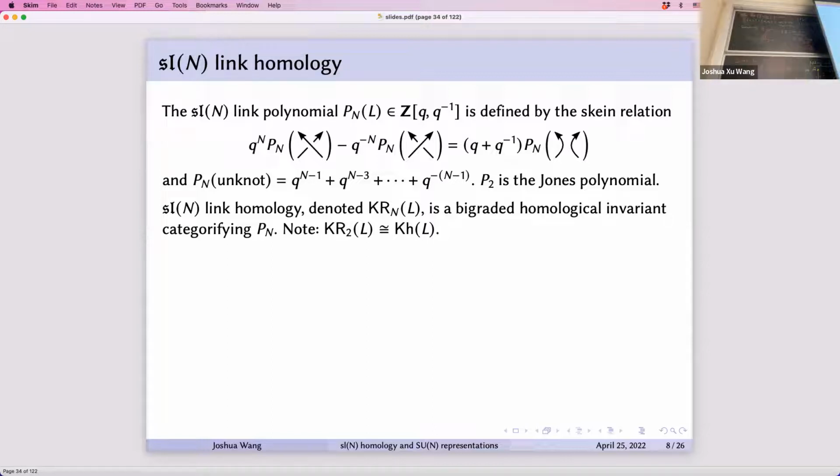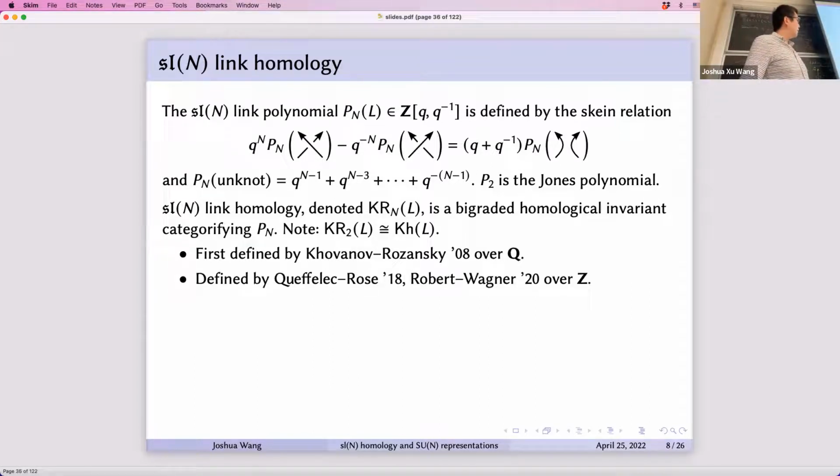So just like Khovanov homology, it's defined as the homology of a chain complex associated to a diagram. It's a bigraded invariant. And the SL2 link homology is isomorphic to Khovanov homology. So it's just a family of further generalizations of Khovanov homology. It was first defined by Khovanov and Rozansky over Q, and that's why it's denoted KR sub n.